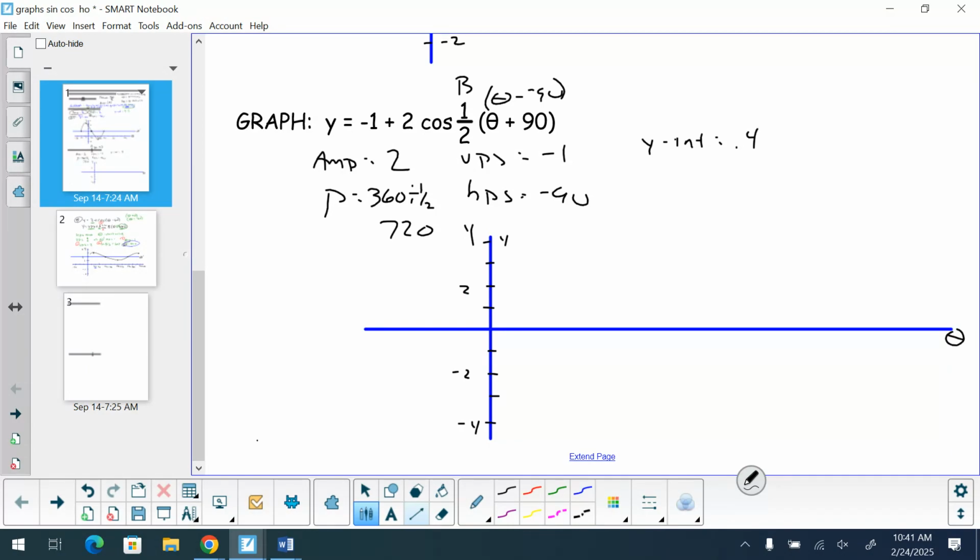But the period now is 720. So when the period is bigger, I need to make my 90s a little bit smaller. So I'm going to count out by 90s, but I'm going to make them smaller.